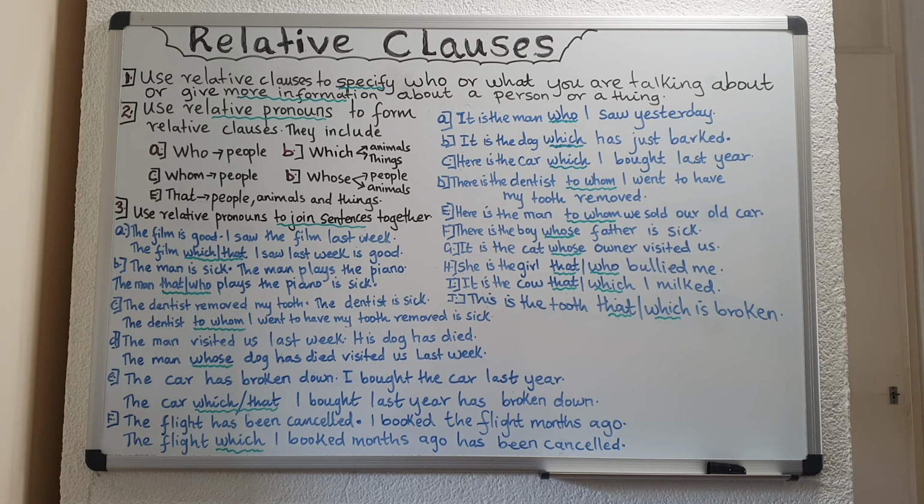Now, what you notice in all those sentences, when you join them together using the relative pronoun, the verbs come at the end of it, okay? Because what comes first is the information that specifies who or what you're talking about, or the extra information that you're giving about a person or a thing.